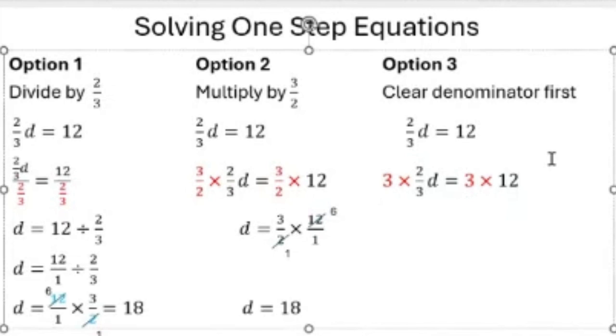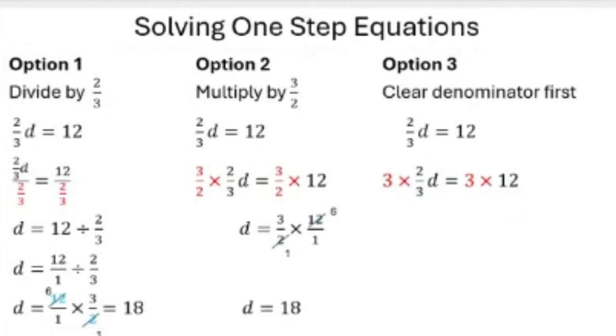Now what will happen on the left there? That 3 becomes a 3 over 1. And now you can see the 3's just cancel right out. So all the fractions go away, and you're simply left with 2d.